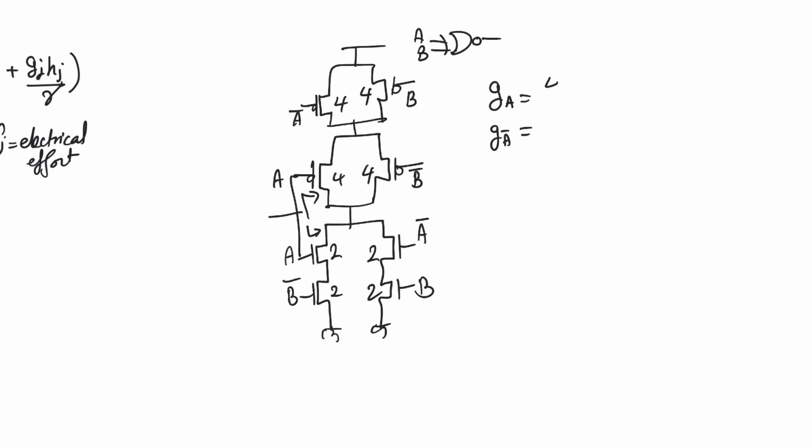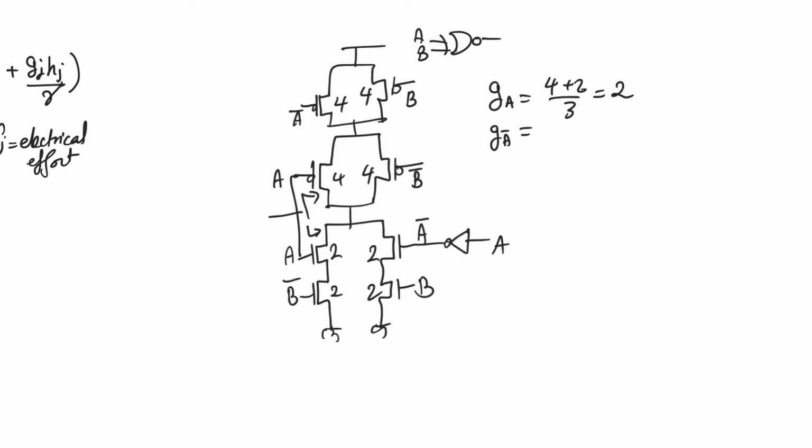So it's going to be 4 plus 2 divided by 3, which is 6 divided by 3, which is 2. But now the question is, do you actually ever, in such a gate, activate the capacitance of input A alone? That never happens really, because input A bar comes through an inverter from input A.